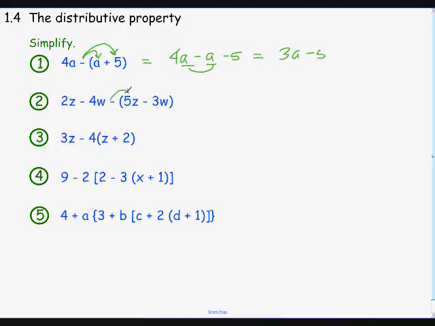This one, I need to distribute this negative. 2z minus 4w, that's minus. Nothing changing there, but these two are changing. I had a positive 5z and a negative 3w. When I distribute this negative, it all changes.